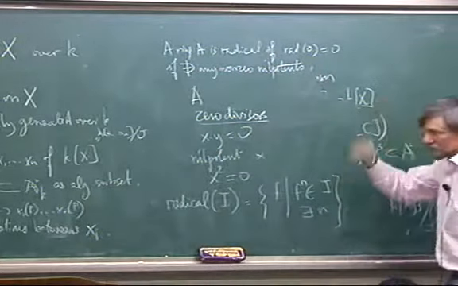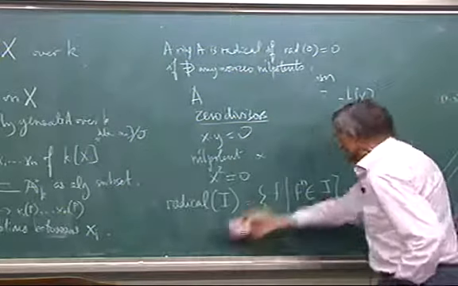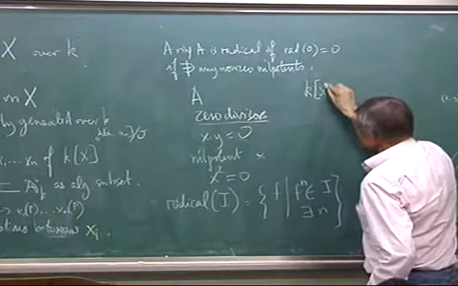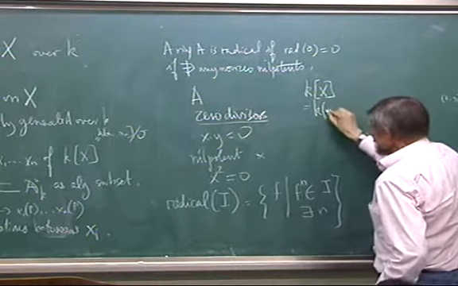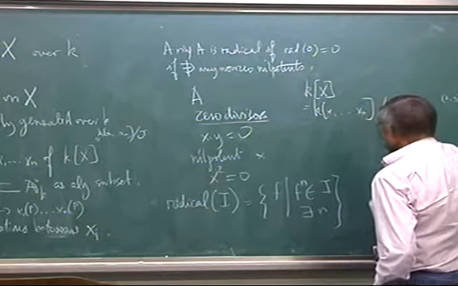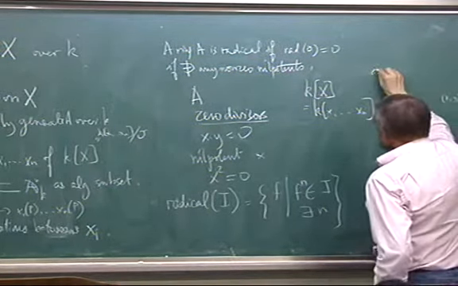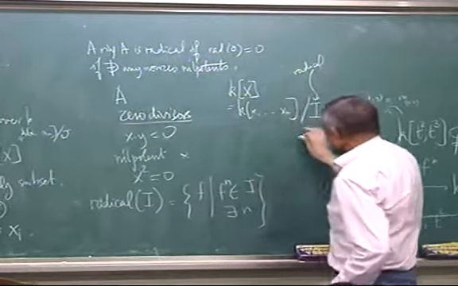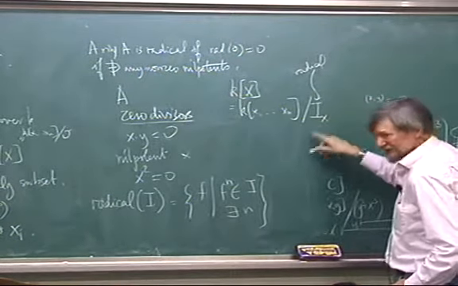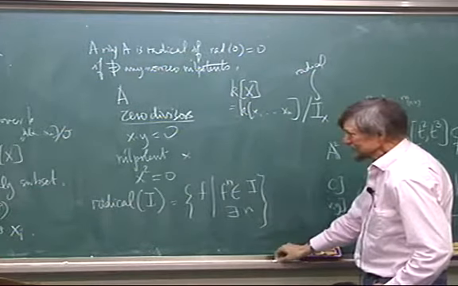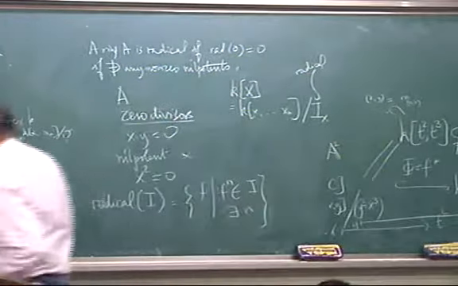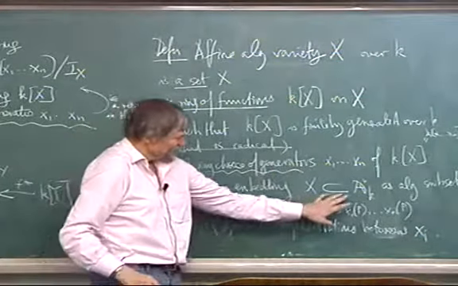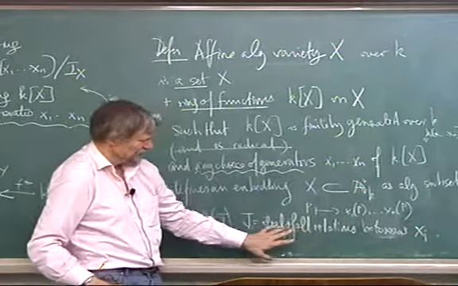So the coordinate rings of my algebraic varieties, k[x], are always of the form k[x1, ..., xn] divided out by I, where this ideal is radical. By the Nullstellensatz, this is I(X). So it satisfies this radical condition. Actually, I don't need this because at the end X is isomorphic to an algebraic variety.